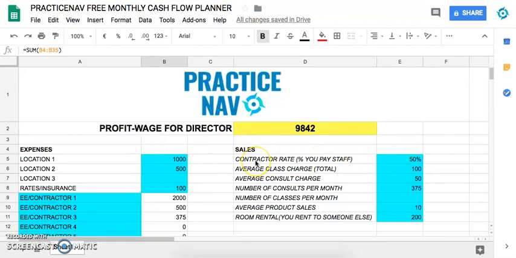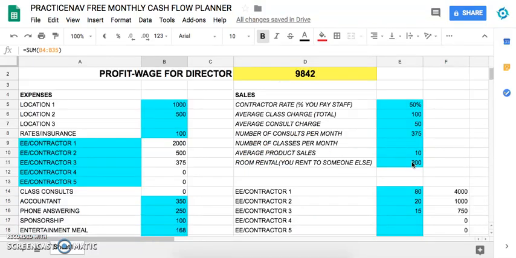Then we move across to what your sales are. If you pay your contractors or your staff roughly 50%, that figure goes in there. If your average class total charge is €100, brilliant. What I mean by that is, if you have 10 people in a class and you charge them €10 or $10 or whatever it is, it's generally €100. The average consult charge is €50.